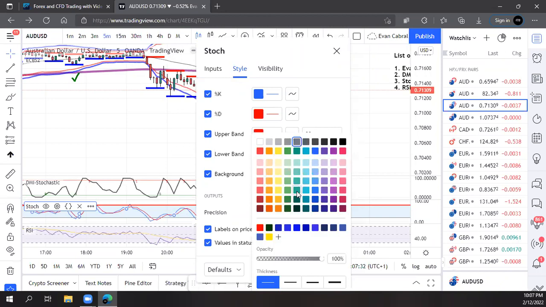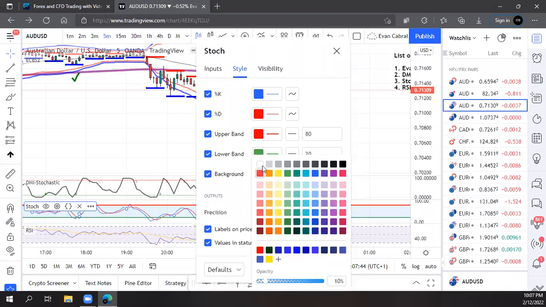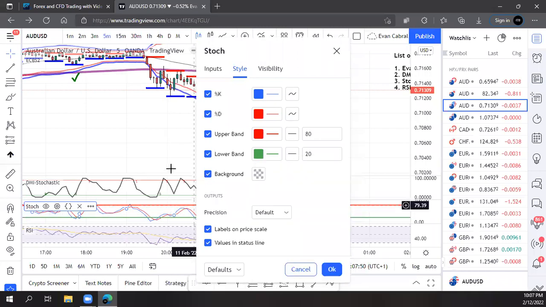Then I'm changing the color to green as well. You can use any color of green for the lower band. Then make it thick, the second one. So your background, if you want to use a background, you can have it on, but you can keep it as white to match what we have already. So that's everything for the stochastic.